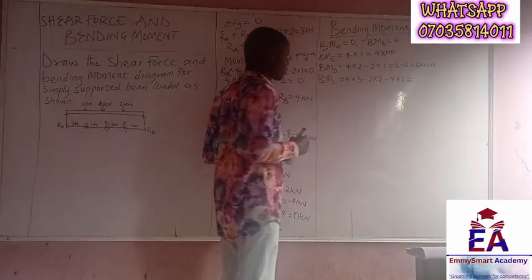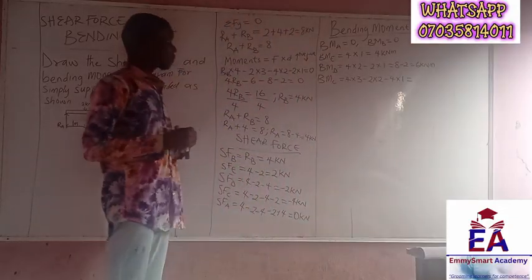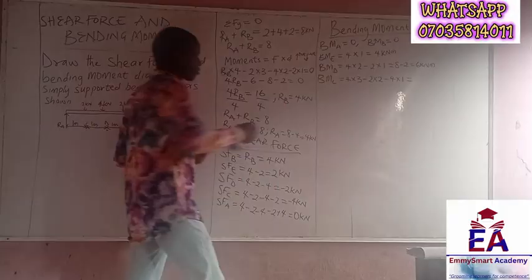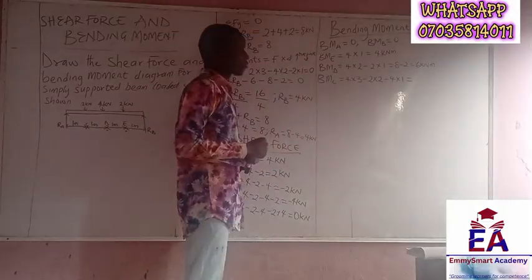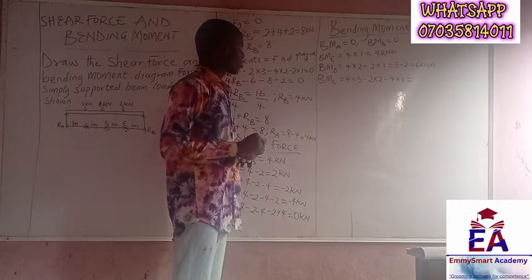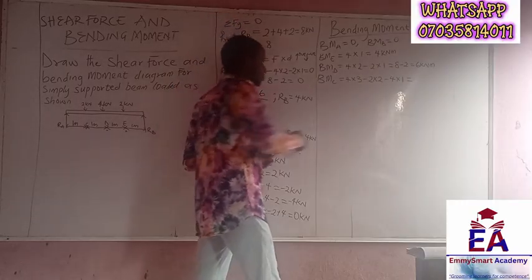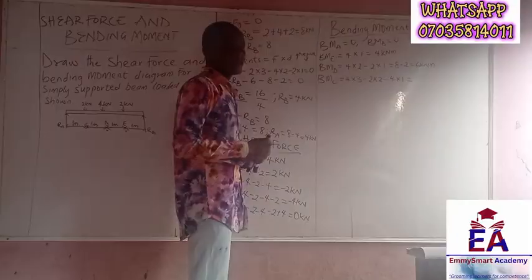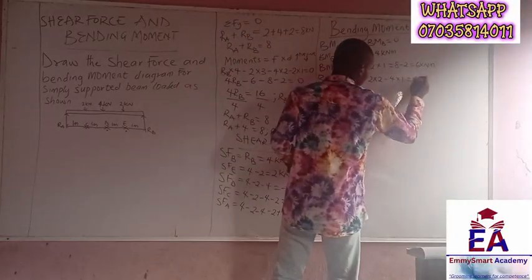So that would be 4 times 3 is 12. 12 minus 8. 2 times 2 is 4. 12 minus 4 is 8. 8 minus 4 is 4 kilonewton meter.